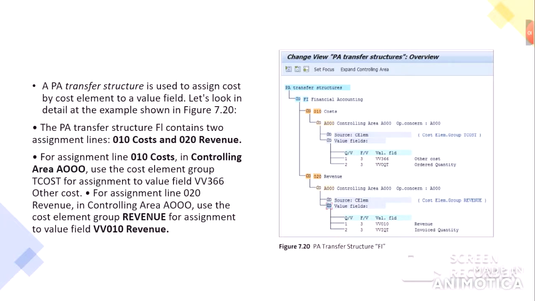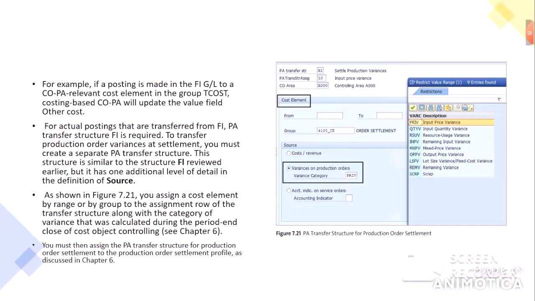For assignment line 020 revenue in controlling area A000, use the cost element group revenue for assignment to value field VV010, revenue. So for example, if a posting is made in the FI GL to a COPA relevant cost element in the group T cost, costing based COPA will update the value field other cost.